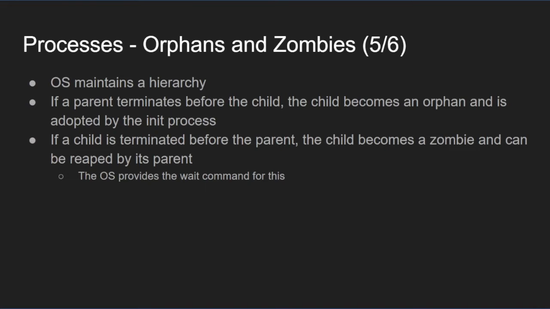If a parent terminates before the child, the child becomes an orphan and is adopted by the init process. But if the child terminates before the parent, the child becomes a zombie and can be reaped by its parent. For that to happen, the OS provides a wait command.